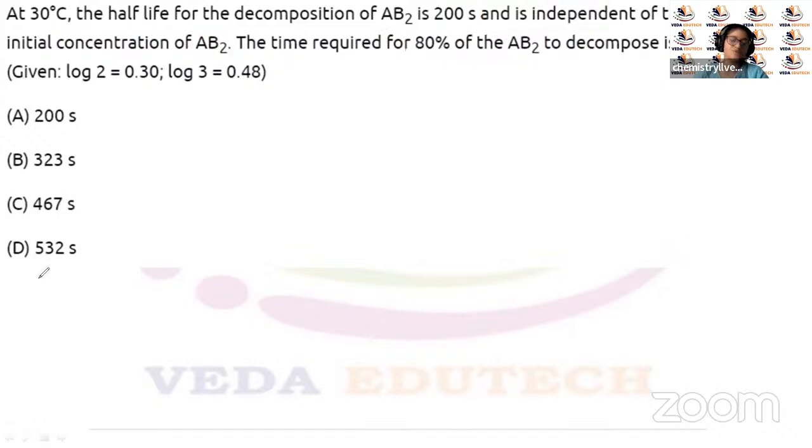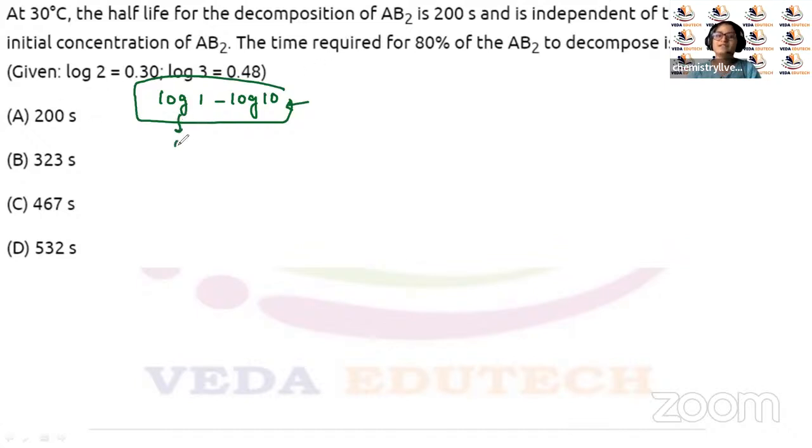Okay. So before starting this, I'll tell you one thing. When you go to the exam, remember log 1 to log 10 values, right? This is what you're supposed to remember. These values must be given, I know that, but still for safety purposes, just remember log 1 is 0, log 10 is 1. You don't need to remember all of log 2 to log 9.